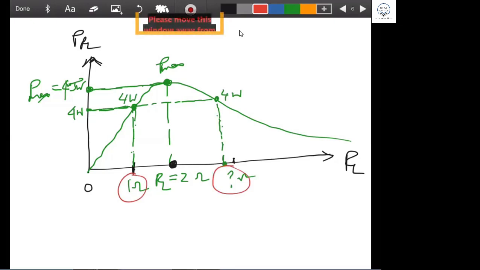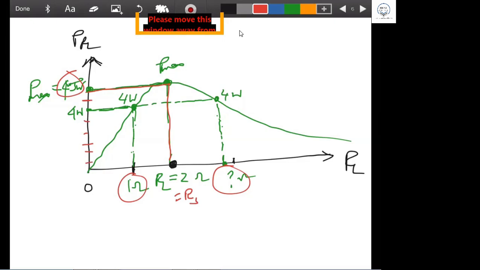Other than 4.5, every wattage can be obtained for 2 resistances other than the Pmax, because Pmax is given for only 1 resistance, which is RL equal to RS. Any other wattage will be given for 2 resistances, one on the left-hand side and one on the right-hand side of the 2 ohm. Right? You all understand it?